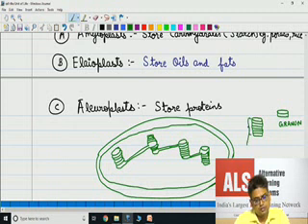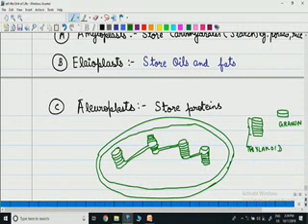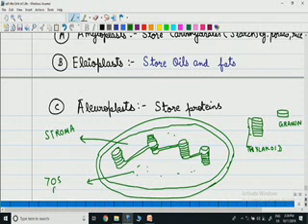This structure is a thylakoid. This part is called stroma. These are 70S ribosomes. Genetic material, which is DNA.